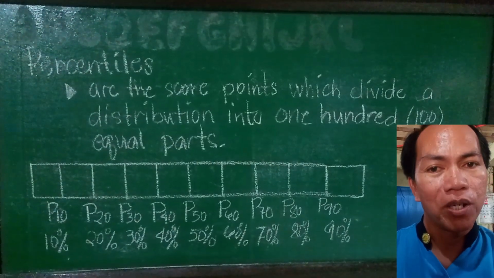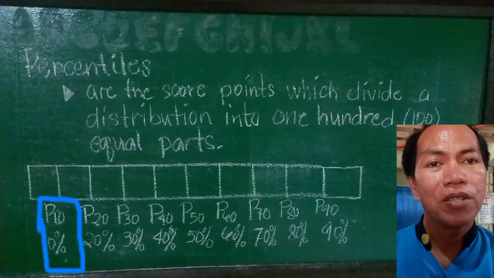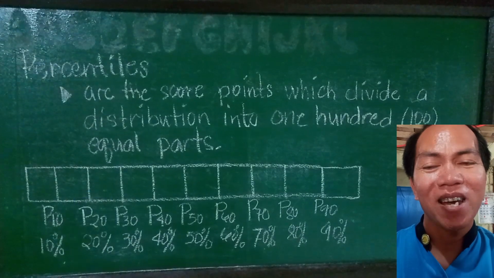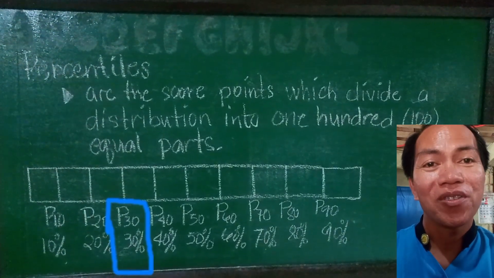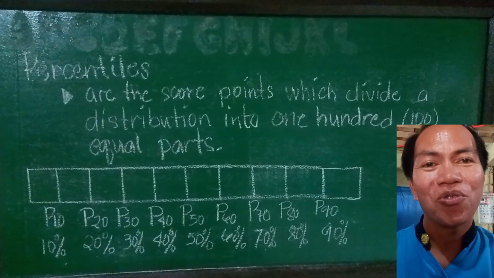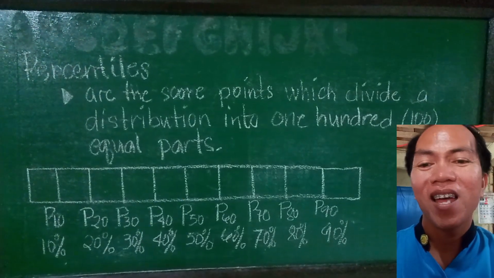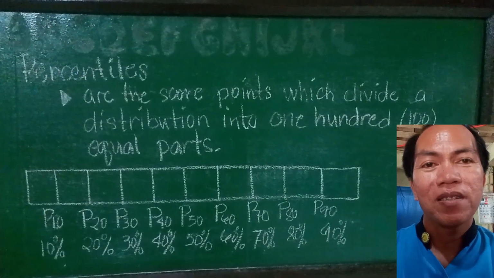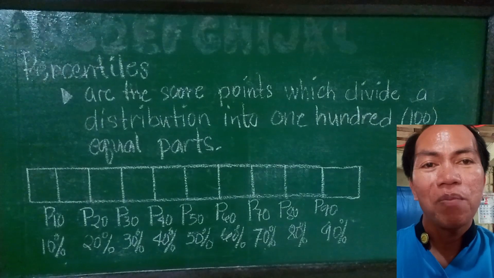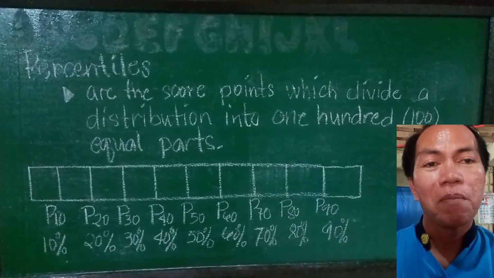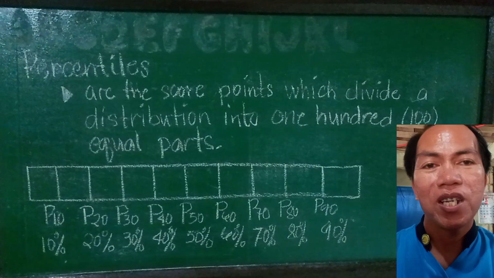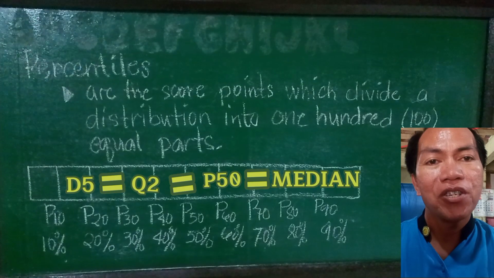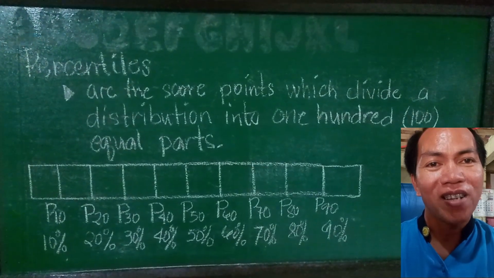In this figure, percentile 10 is equivalent to 10%, percentile 20 to 20%, percentile 30 to 30%, percentile 40 to 40%, up to percentile 100. But take note, percentile 50 is equivalent to 50%. That means percentile 50 is the same as decile 5 and quartile 2, as well as the median from the measures of central tendency.